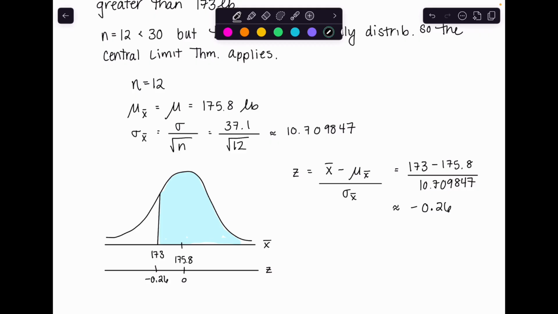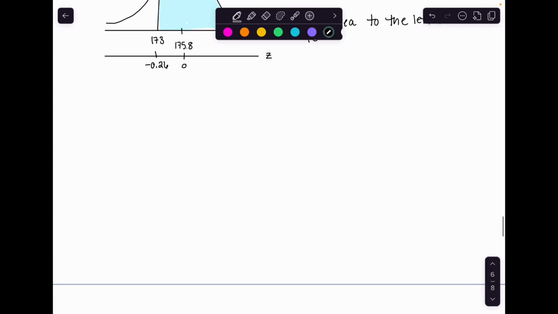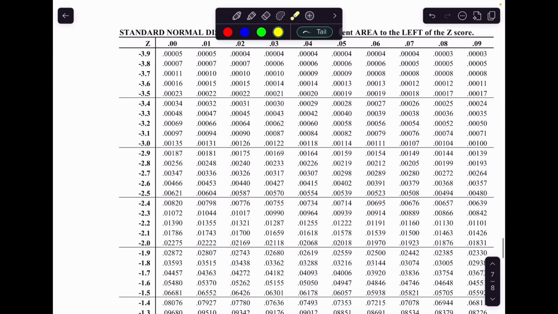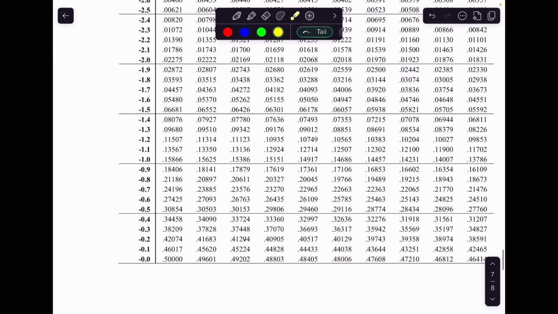So the area to the left, using that z table, is the following. I need to go through and I need to look at negative 0.2, which is all the way down here, and that's 0, 1, 2, 3, 4, 5, 6.